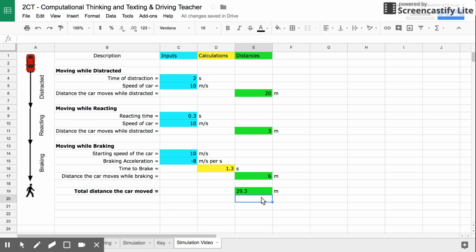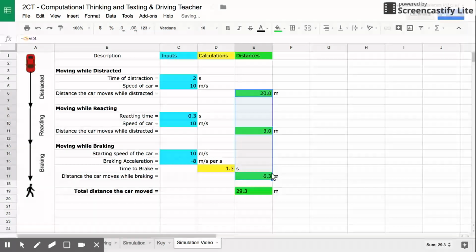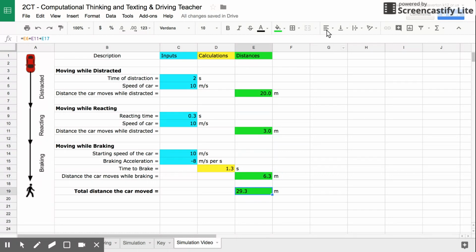And sure enough, I get 29.3. Now, the reason in my case that it came out to be a decimal is it's a little bit rounded off. Yours probably won't be rounded like this, and I can show you that indeed these are rounded there. And we see that my 20 plus my 3 plus my 6.3 should be 29.6.